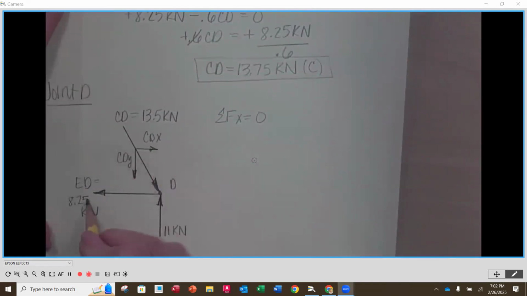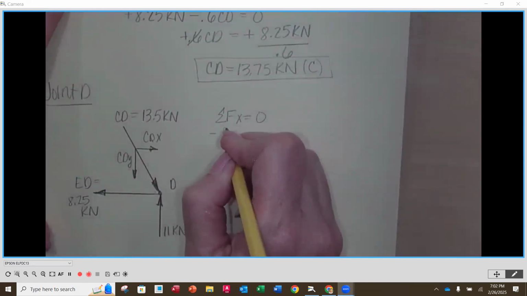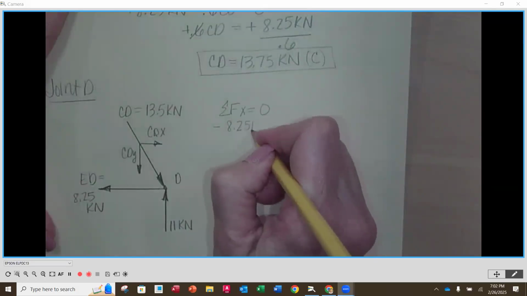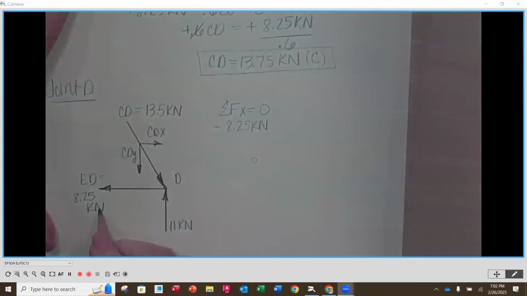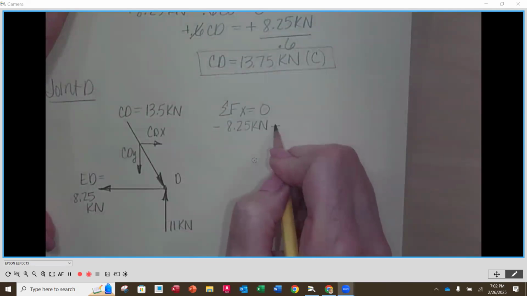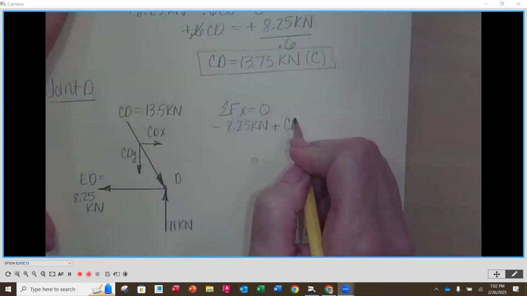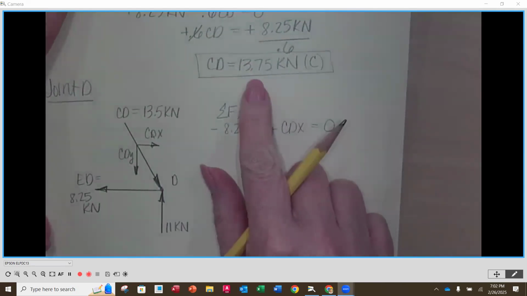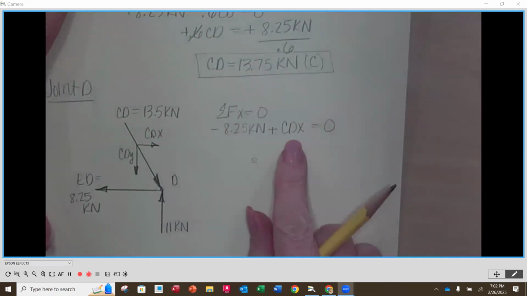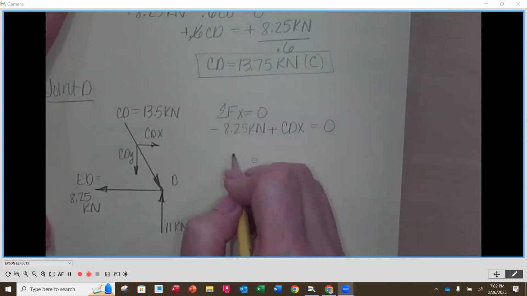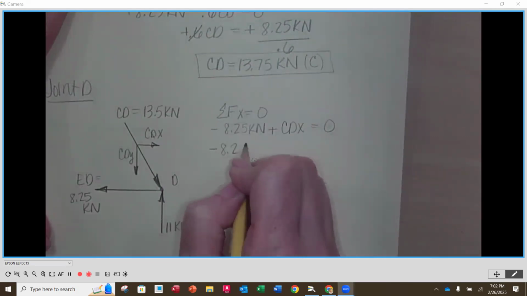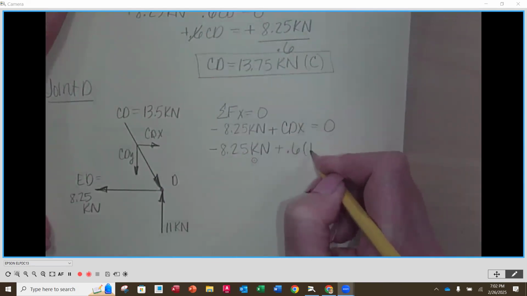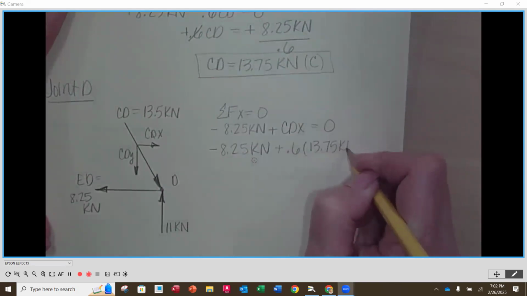So if we look at the X direction, we've got a negative 8.25 kilonewtons for member E to D, plus our CDX is equal to 0. Now our CDX, we know that CD was 13.75. We would multiply it by 0.6. So you would have a negative 8.25 kilonewtons plus 0.6 times 13.75 kilonewtons, right?